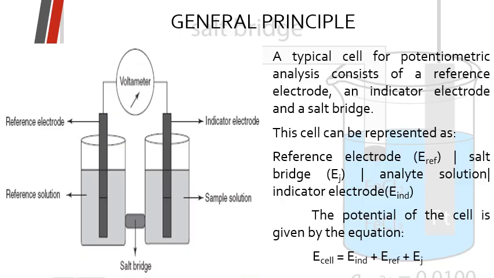E junction is the potential developed across the liquid junctions at each end of the salt bridge. The junction potential across the salt bridge, that is the EJ, is very small, small enough to be neglected.